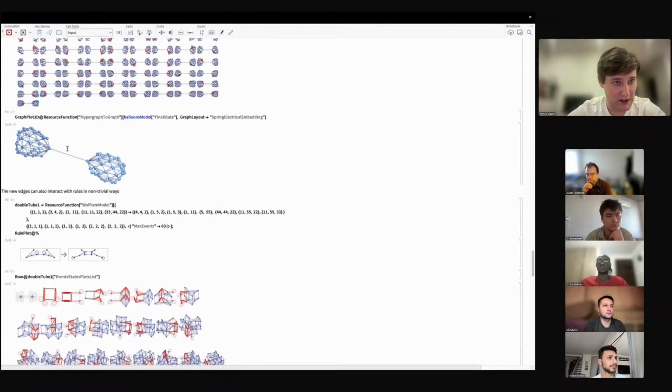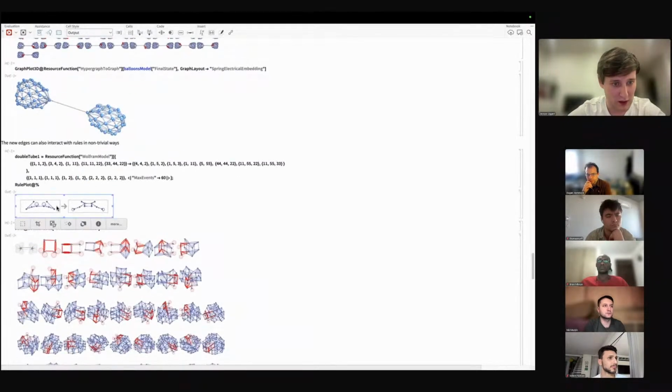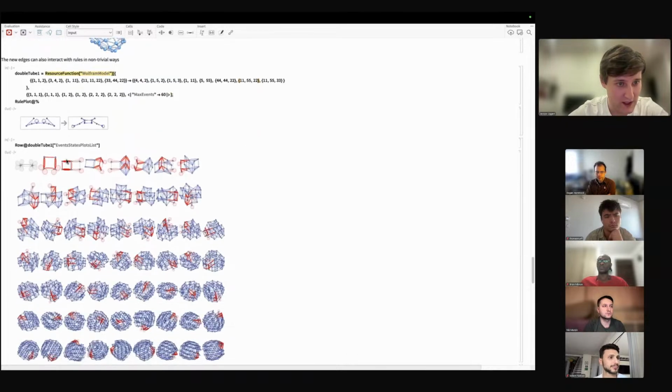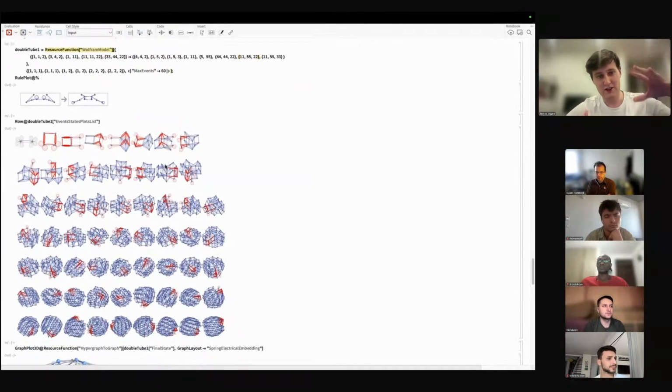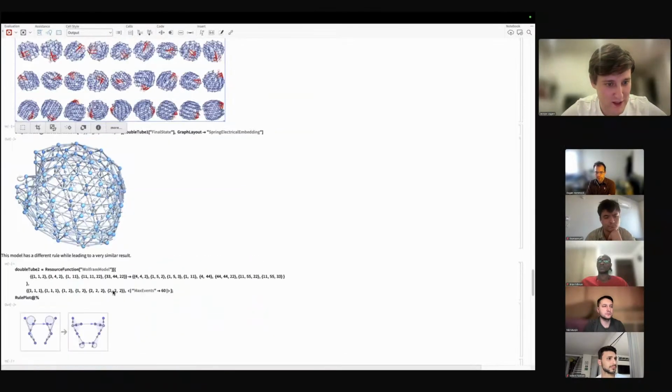So here the rule is basically two of these rules joined by a self edge, joined by a binary edge, and it's also duplicating that binary edge somewhere else. And so it's basically just growing the two balloons in parallel, and then the embedding puts them one inside the other.